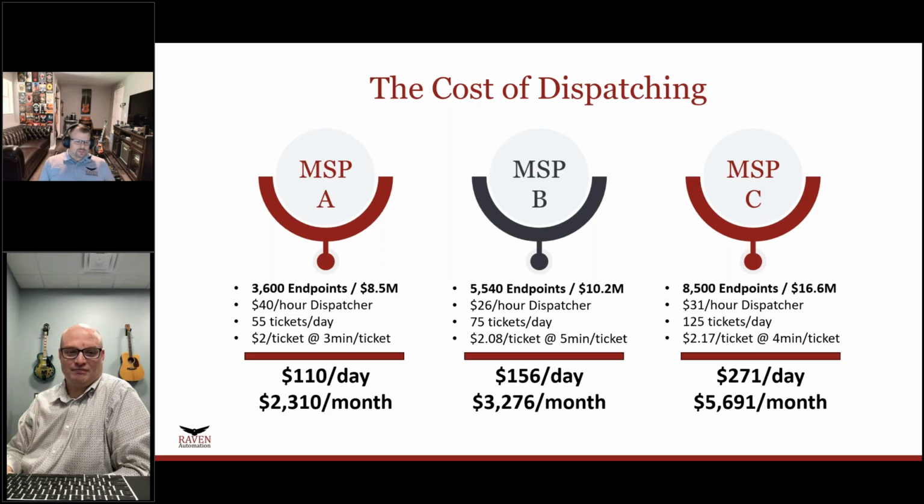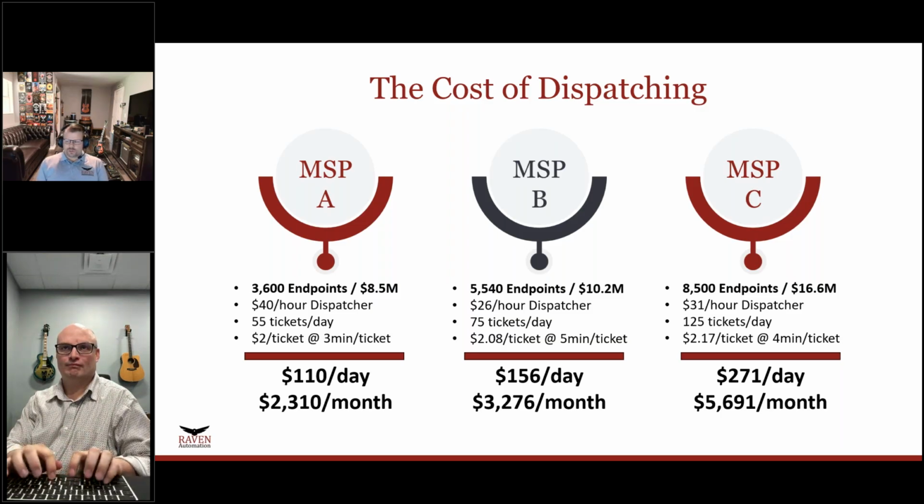When you look at this, you can clearly see that for what I would consider a smaller to medium MSP, MSP A, based on their cost for dispatching, where they have a mix of dispatchers and techs handling that role, their dispatch cost per hour is a lot higher than some of our others that are out there. But it costs them around $110 a day on average for dispatching, or $2,300 a month.